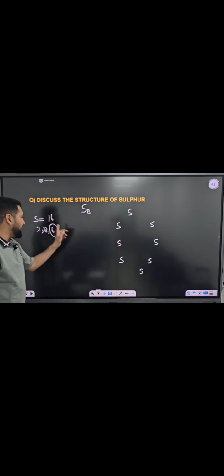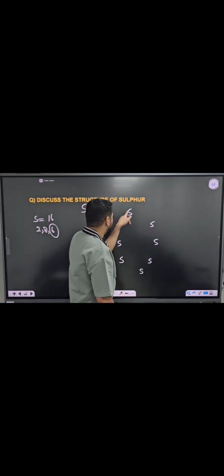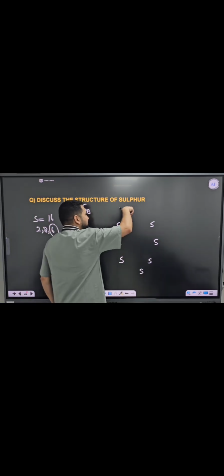Quite simple. For that we need to understand the atomic number of sulfur. It's 16. What will be its electronic configuration? 2, 8, 6. So how many electrons does sulfur need, guys? It needs 2 electrons. If I talk about this sulfur, how many electrons are present with this sulfur?